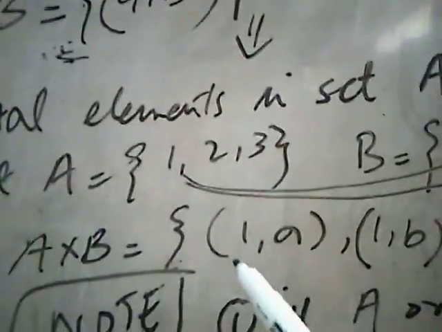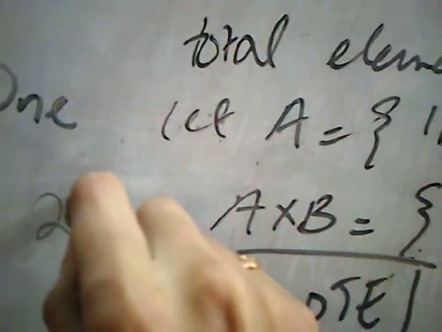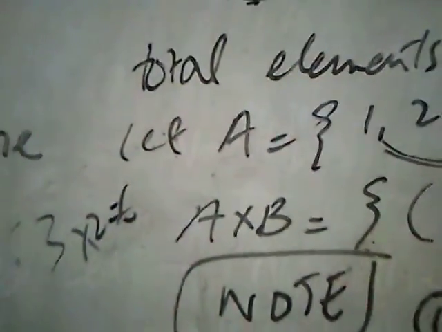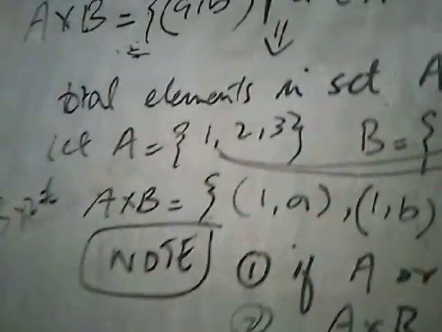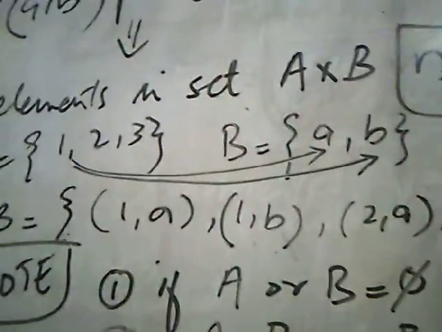Set A contains 3 elements and set B contains 2 elements. So the total number of ordered pairs in A cross B would be 3 into 2, 6. So we already know that A cross B would have 6 elements. What could these 6 elements be?